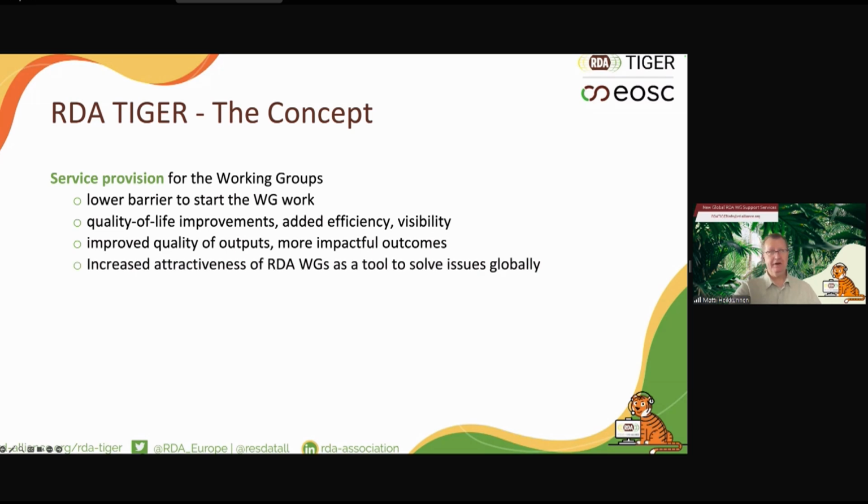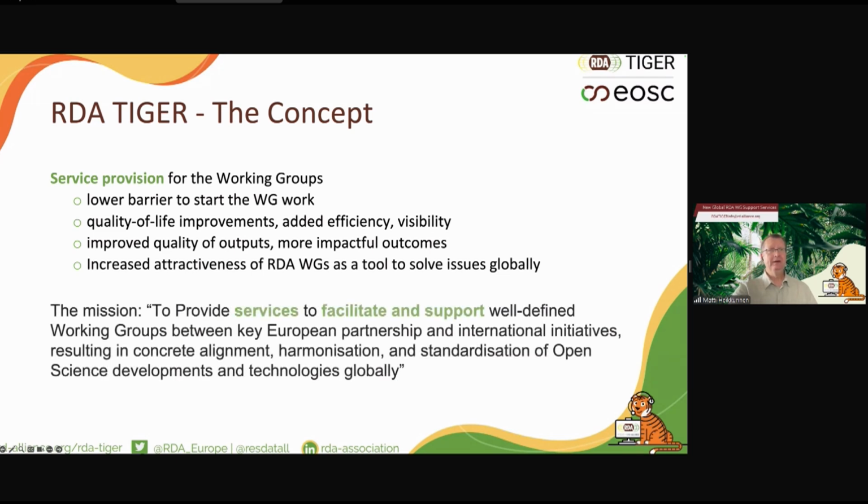And in general, we are trying to make the RDA more attractive and visible to solve issues. So the mission is to provide services to facilitate and support well-defined working groups. Here, well-defined means essentially a working group that is at least on the way to being endorsed by the community.